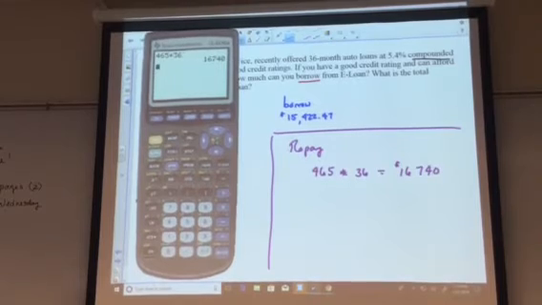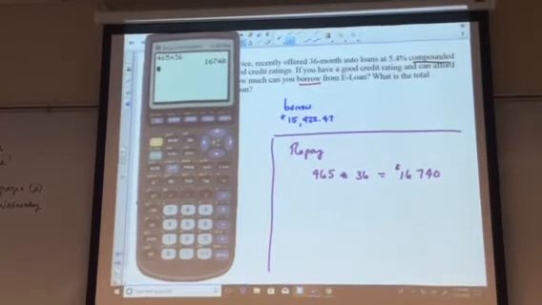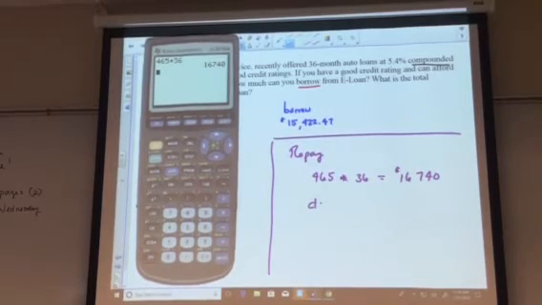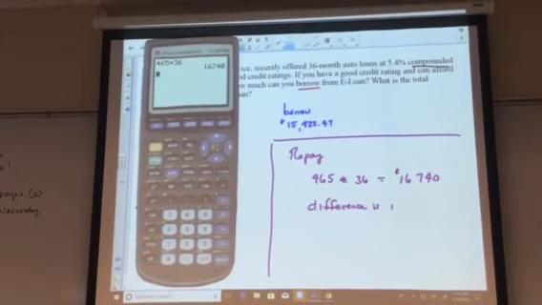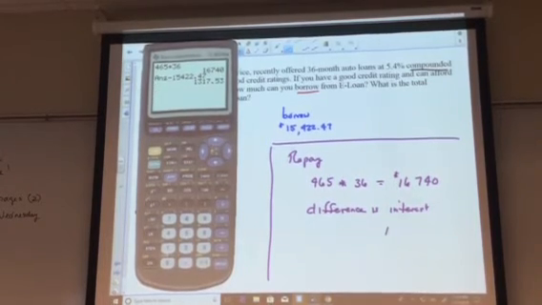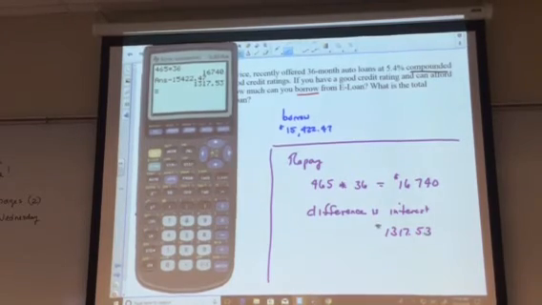But we only borrowed $15,422.47. Why did we pay back more than we borrowed? The difference is interest. So we need to take this $16,740 and we need to subtract the $15,422.47 to find out that the interest is $1317.53.